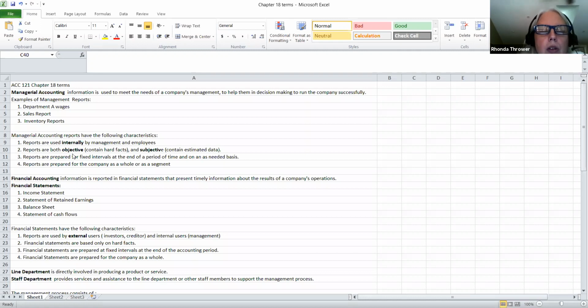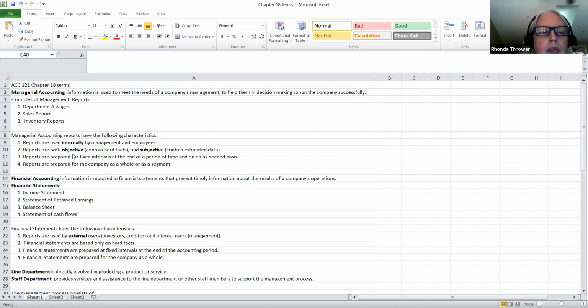But managerial accounting reports not only have to contain some hard facts, they also will contain estimated data. And so that's what we mean by subjective data. So managerial accounting reports are both objective and subjective. Objective meaning the data is going to be based on hard facts that have actually happened. And then some managerial accounting reports are based on subjective information, which may contain estimated data.